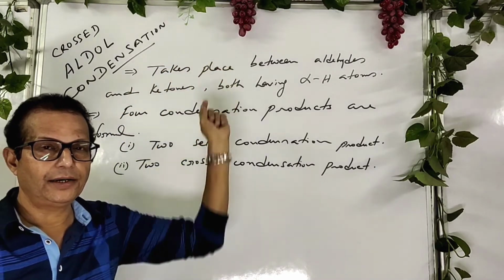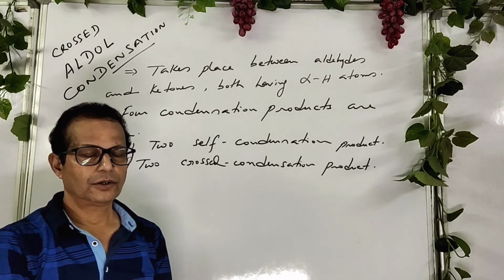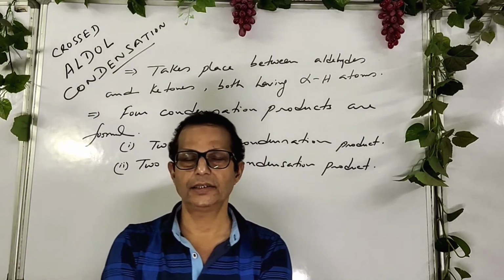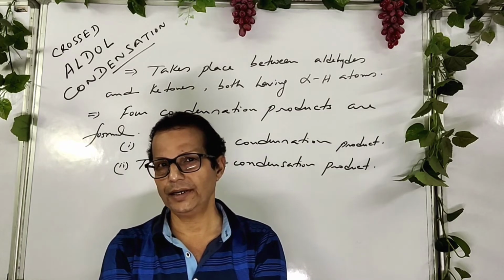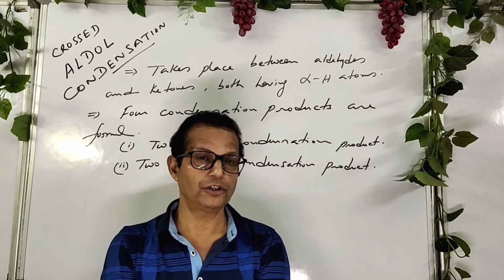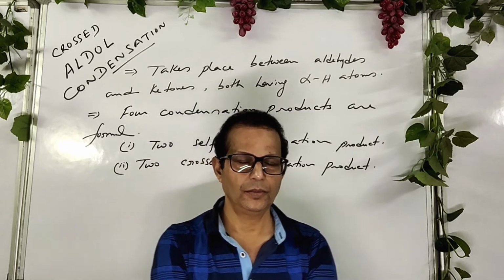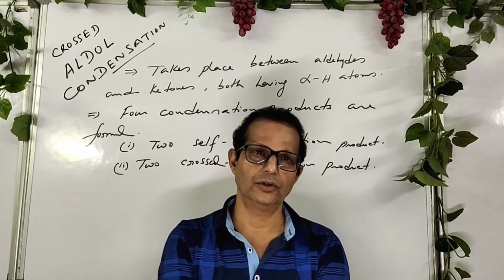So you know that during crossed aldol condensation, 2 different compounds, that is aldehydes and ketones, are used, provided that both should have alpha hydrogen atoms. Let's take an example between acetaldehyde and acetone.